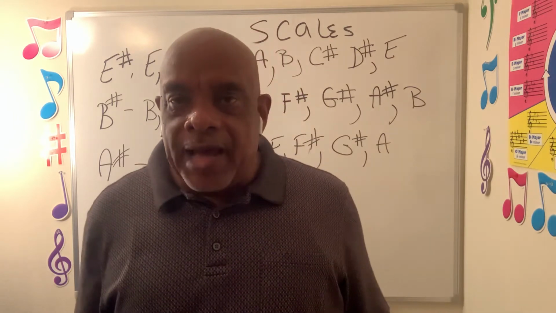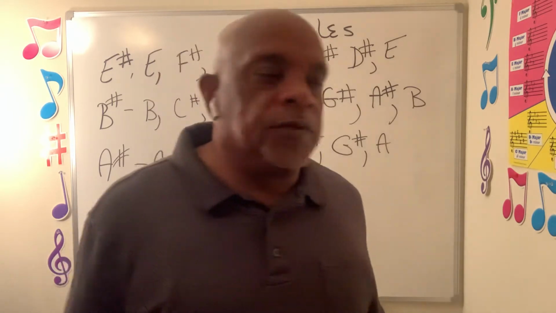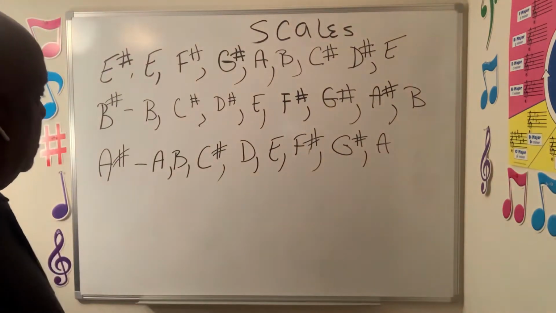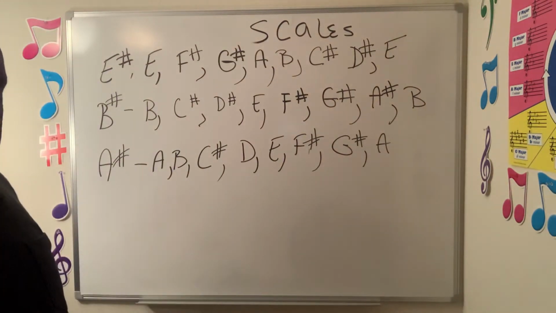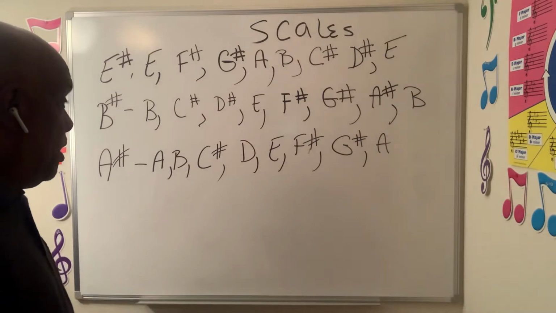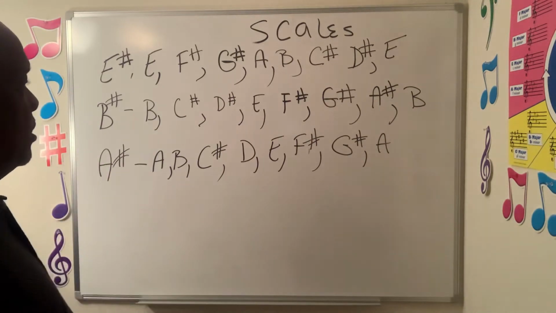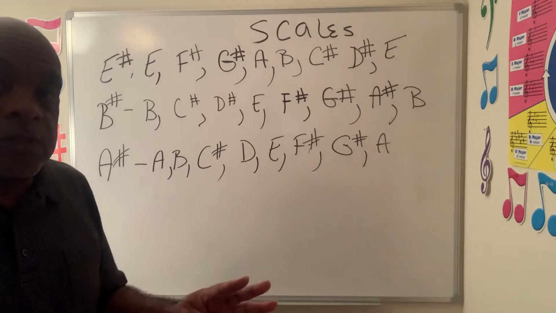All right, so now what we're going to do is deal with these three scales: the E sharp major scale, the B sharp major scale, and the A sharp major scale. In the E sharp major scale, remember we have four sharps.